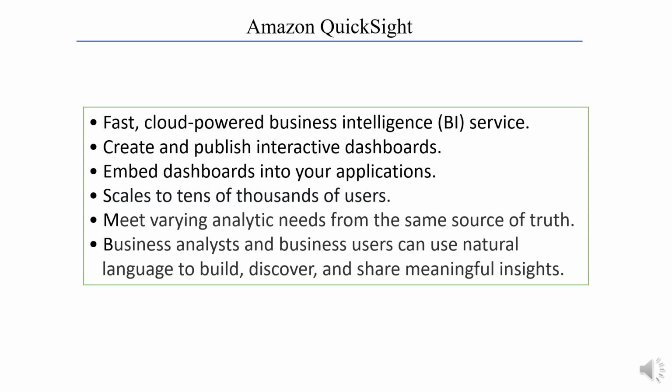Amazon QuickSight easily scales to tens of thousands of users without any software to install, servers to deploy, or infrastructure to manage. It enables you to meet varying analytic needs from the same source of truth through modern interactive dashboards, paginated reports, embedded analytics, and natural language queries.